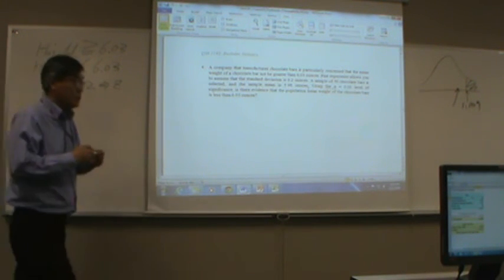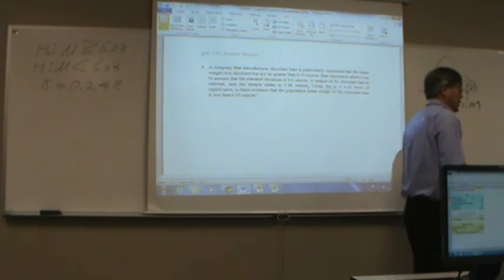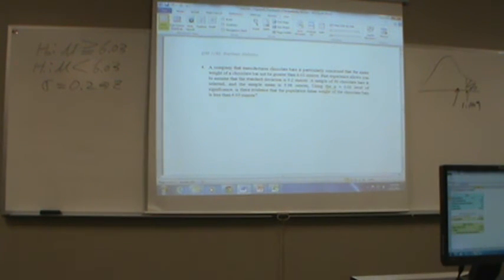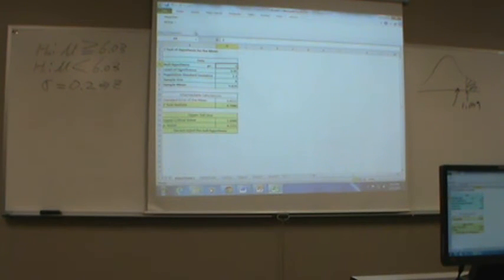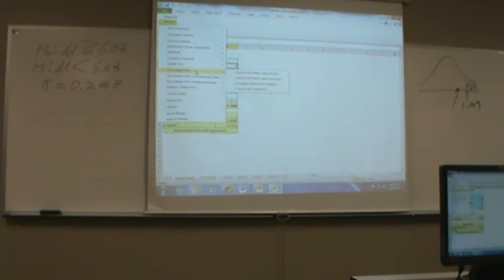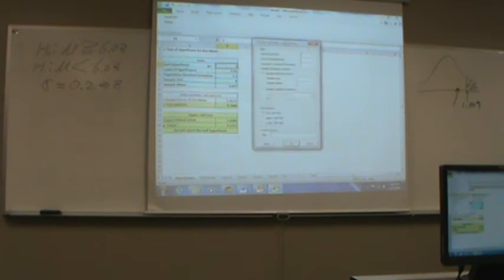Now we can use PHStat. Click PHStat, one sample, Z-test.